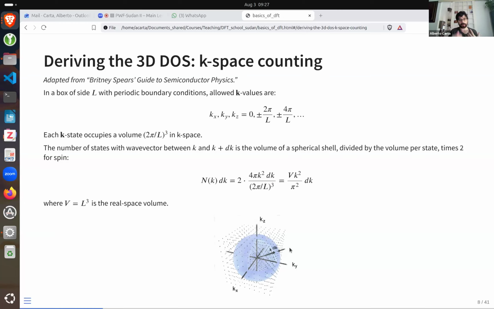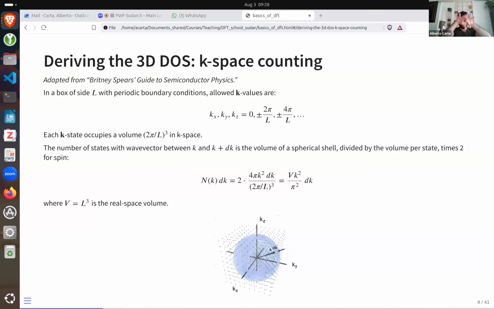I want to count, given a little bit of an increase in this volume, how many states I can find inside this small volume. So the idea is to count the number of states for a 3D system.